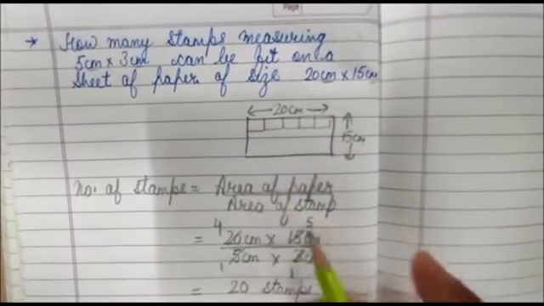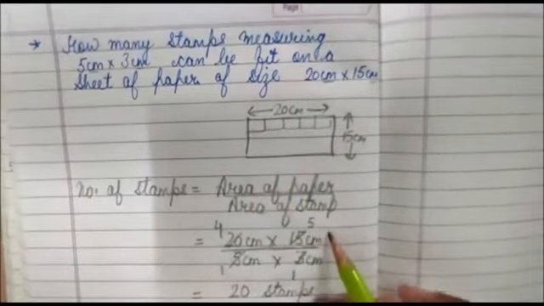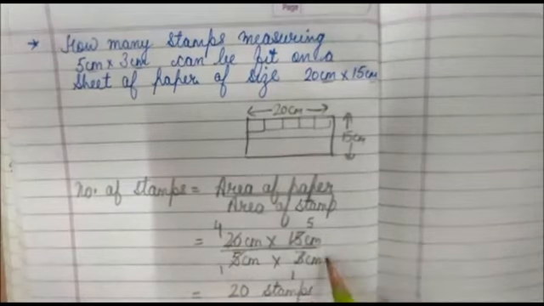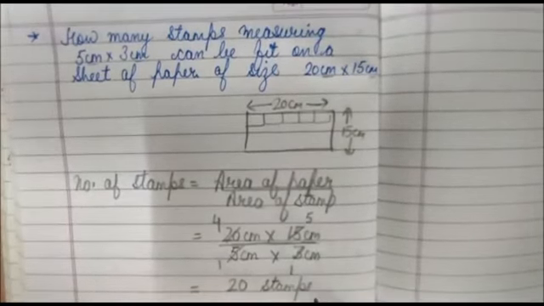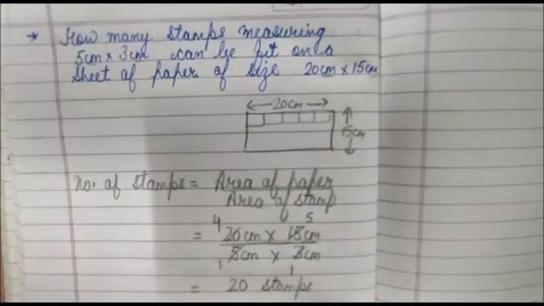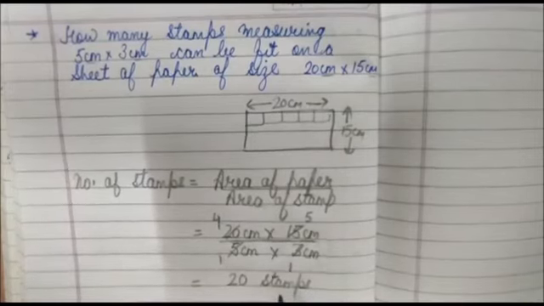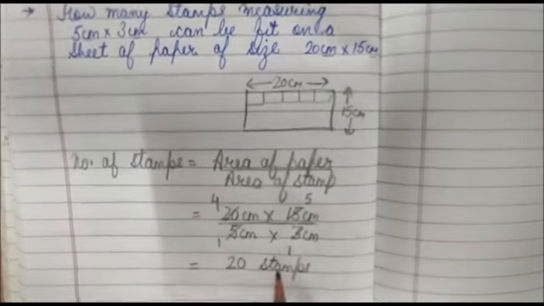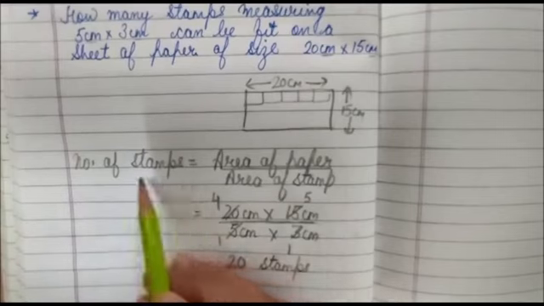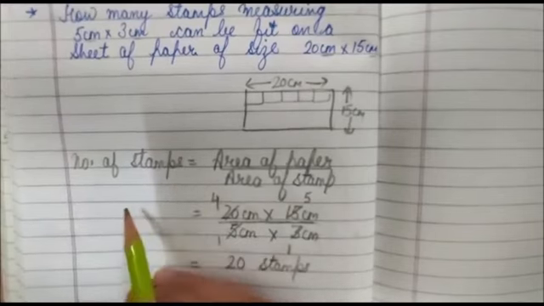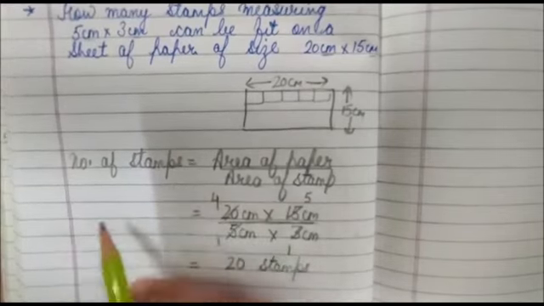So just remember one thing. Rule number 1, the units has to be same before you are calculating anything, whether you are calculating area or you are calculating volume. The units has to be same. If they are not same, just make the units same. Second thing, whenever you are calculating the number of things, it can be anything, number of tiles, number of stickers or whatever.